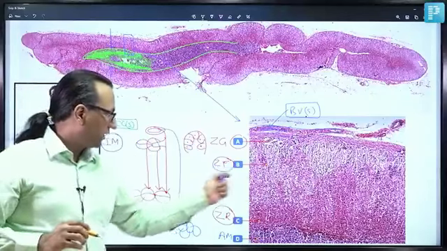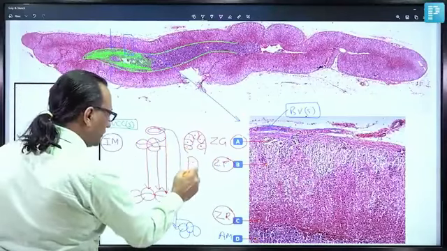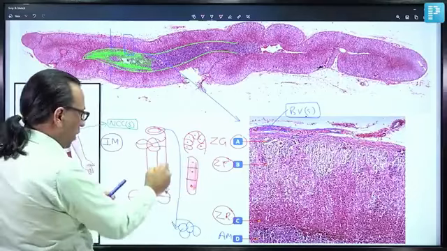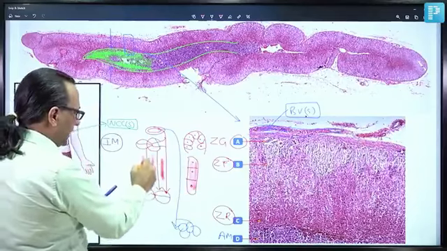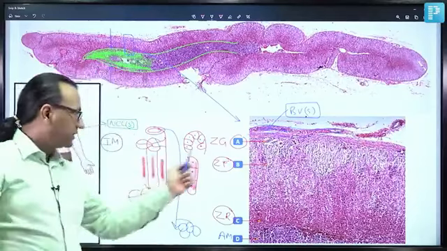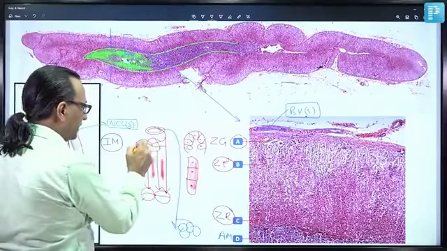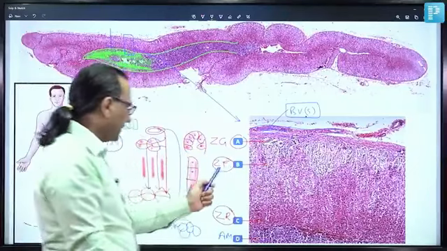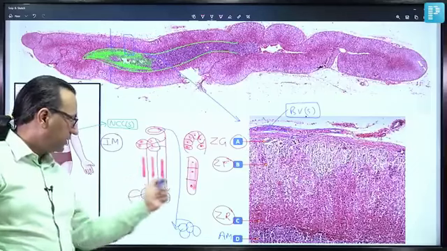Whereas in the zona fasciculata, you will see cells are arranged in longitudinal fashion as rows in between. Say one row of cells here, another row of cells here, another row of cells here. So instead of making clusters of cells like in zona glomerulosa, in zona fasciculata there are rows or columns of cells arranged parallel to each other.